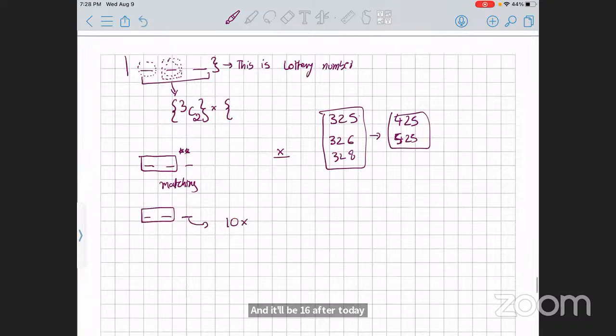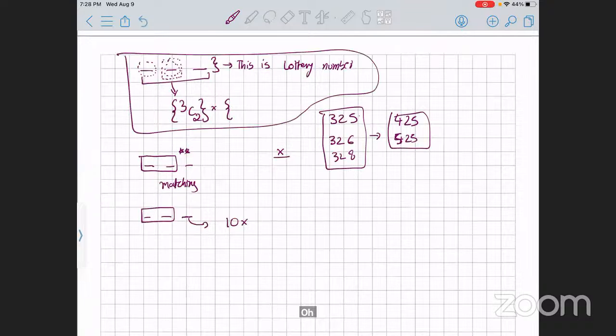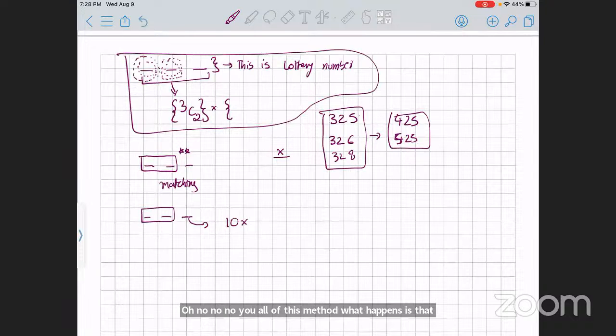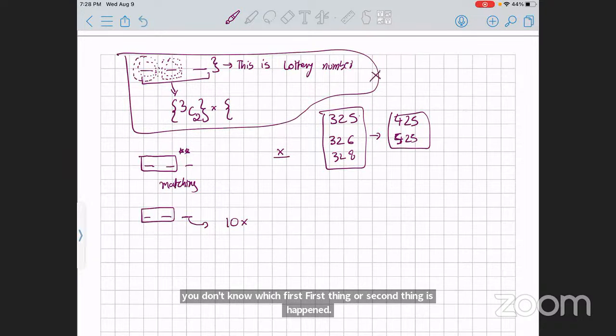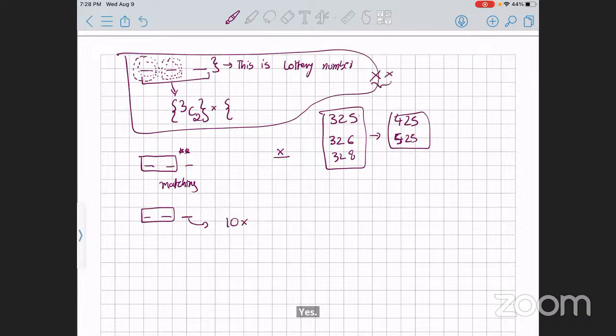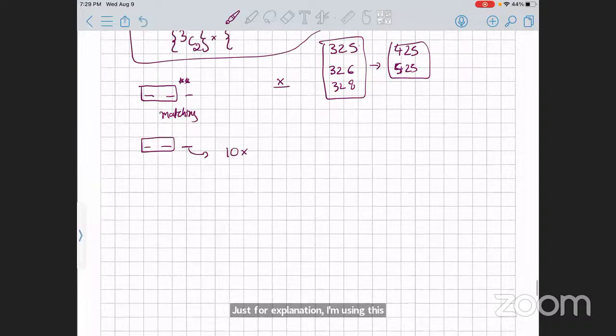No. If you follow this method, you don't know which first thing or second thing happened, so you should not use this method. Just for explanation, I'm using this. These 2 numbers are fixed, so 10 into 1 into 1.